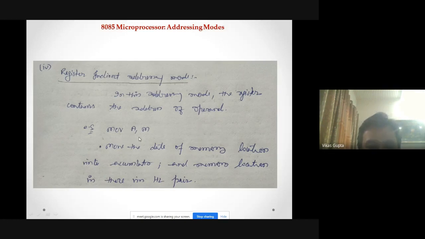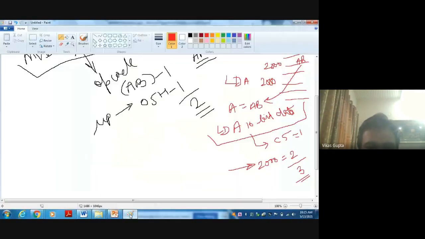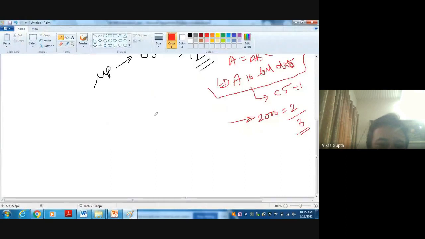Fine. So for example, let me take one example: MOV A, M. That means move the content of the memory location into the accumulator. And where will the memory location be? In the HL pair. Let's prove how this works with an example.